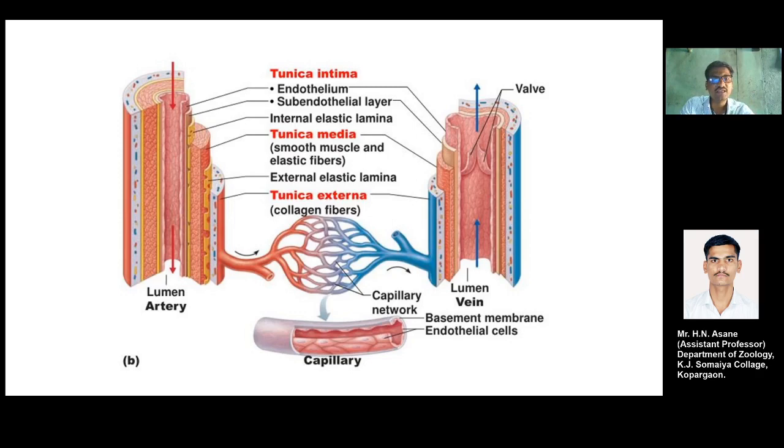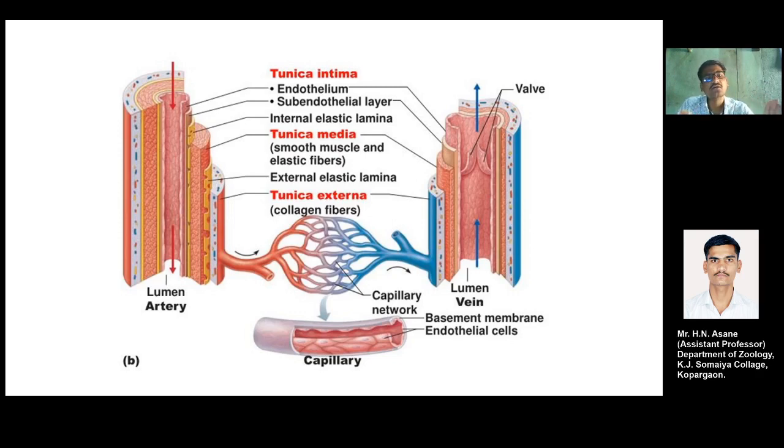Then the tunica media, which is the muscular layer for the arteries as well as the veins, has smooth muscles and elastic fibers present in those smooth muscles, giving a rigid structure and the muscular strength for the contraction and relaxation while blood supply is carried out.